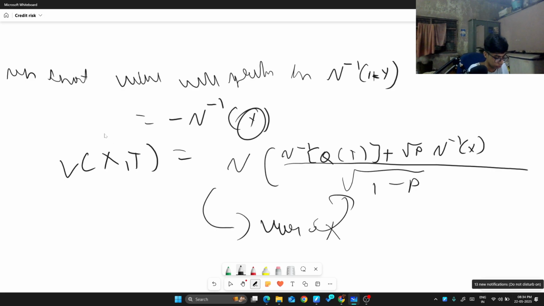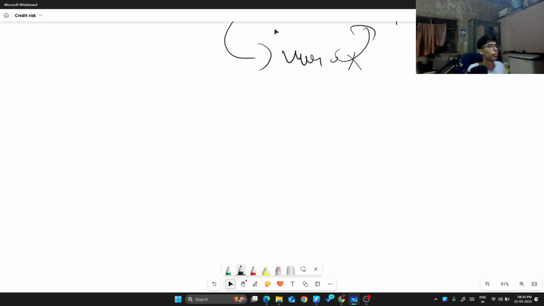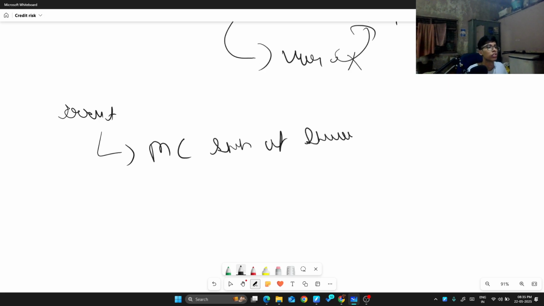And let's see what is credit metrics. I think we covered all, only credit metrics is remaining. So in a simple way, it is a Monte Carlo simulation of scenarios where credit rating is changed.